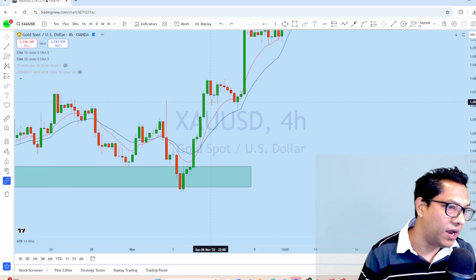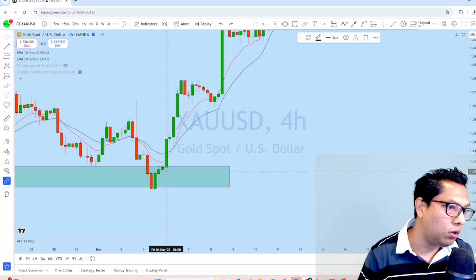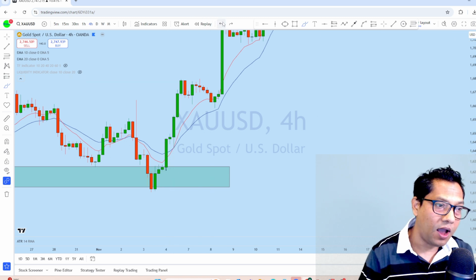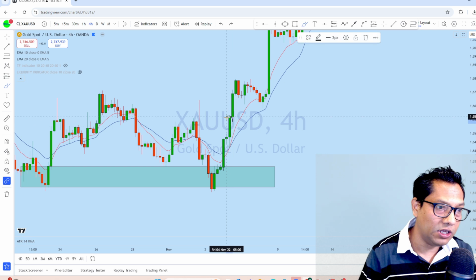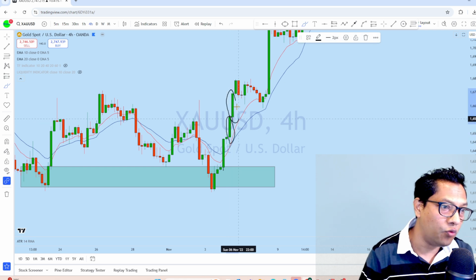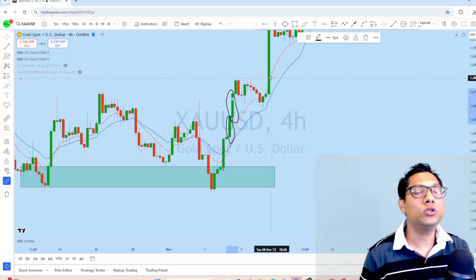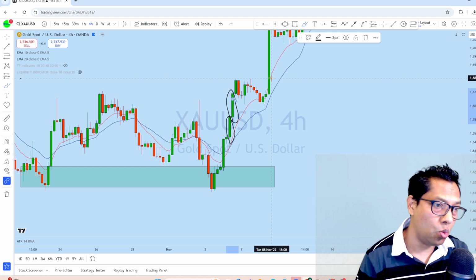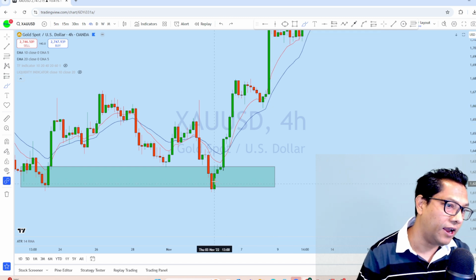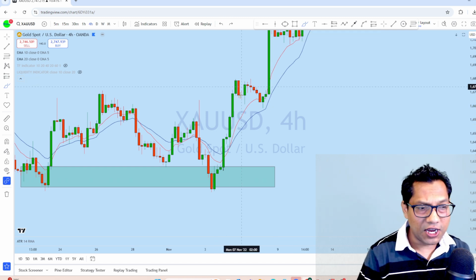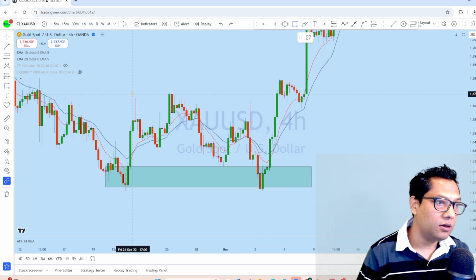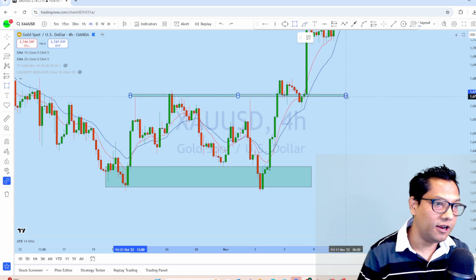In that movement, if we look at the ATR, all those bigger candles are full-body green and almost one or more than one ATR. Without any bearish candle, it managed to break this resistance line.